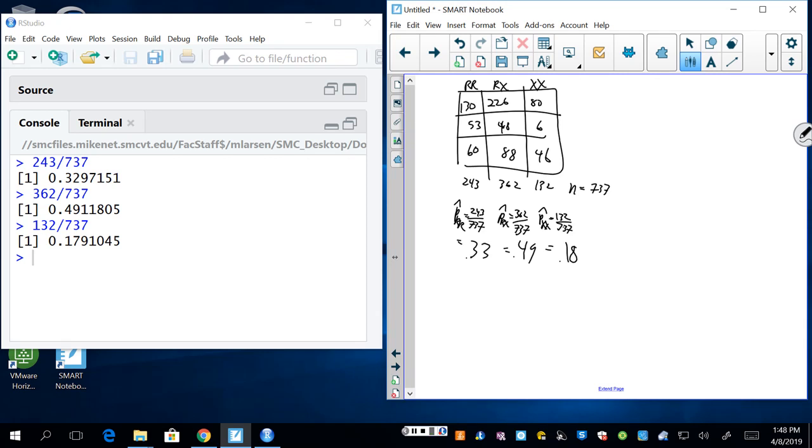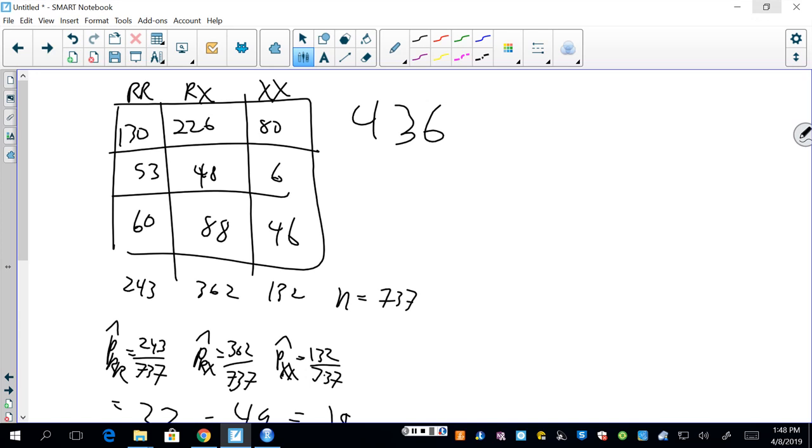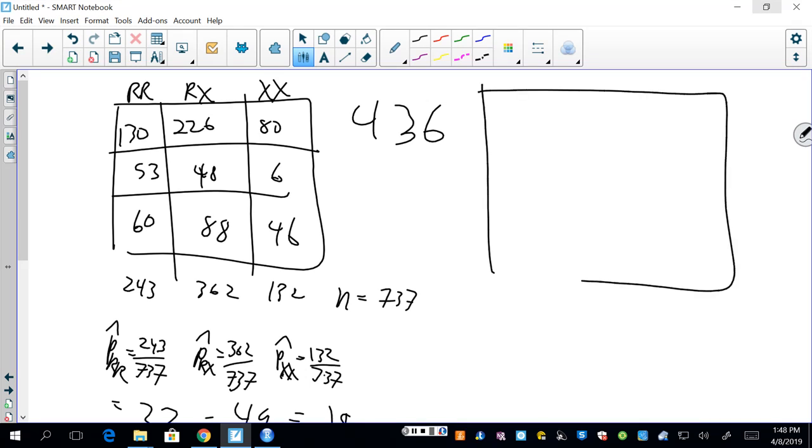Right. And so in this row, there were 436 in that one. So if those are constant, we would expect 436 times 0.33 to be in that cell. So we have expected numbers.